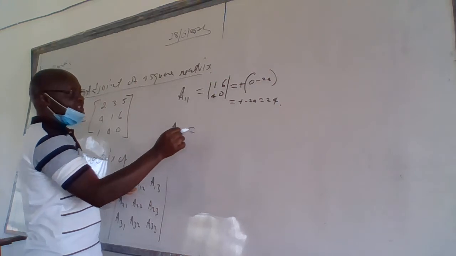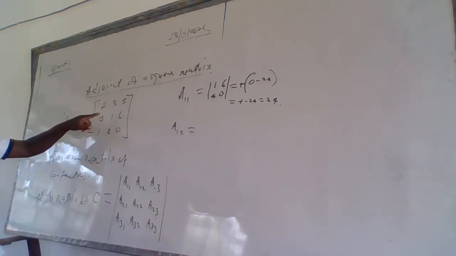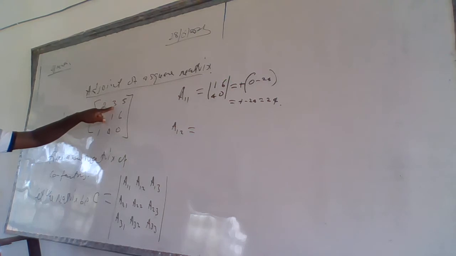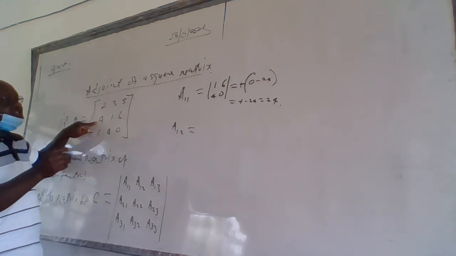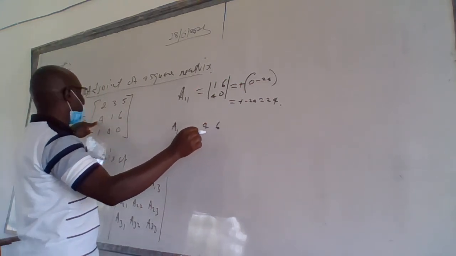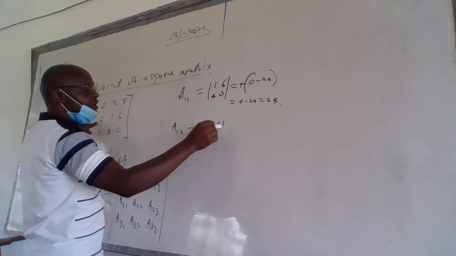Then we move on to A12. A12 is this one, which is 3. What is the minor for 3? The minor for 3 is 4, 6, 1, 0.